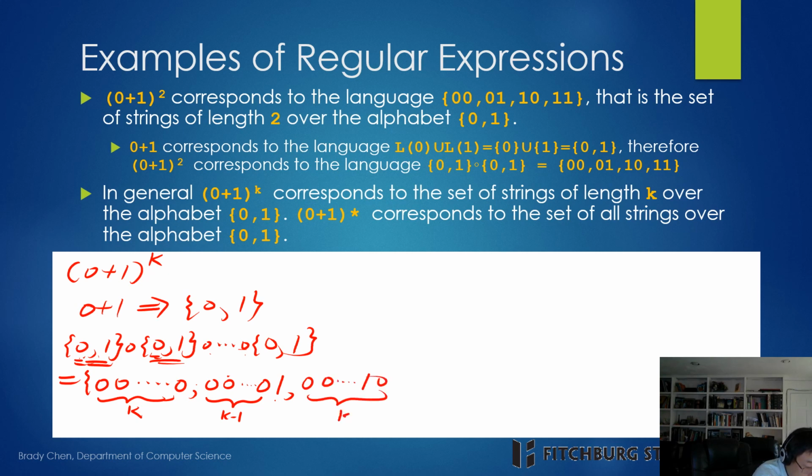Total length k. So 0 plus 1 to the k corresponds to the set of strings of length k over the alphabet 0 and 1.